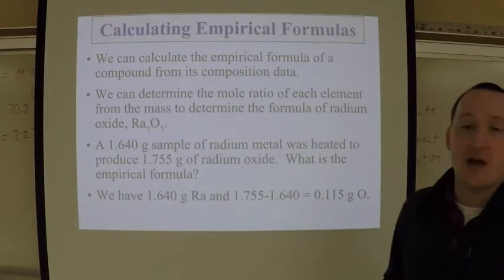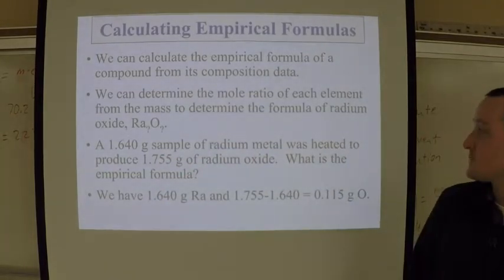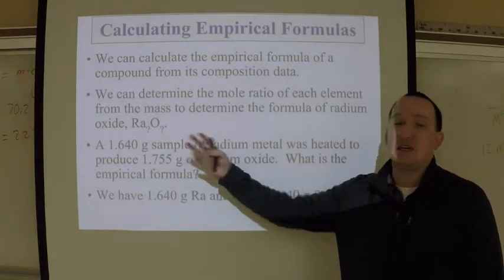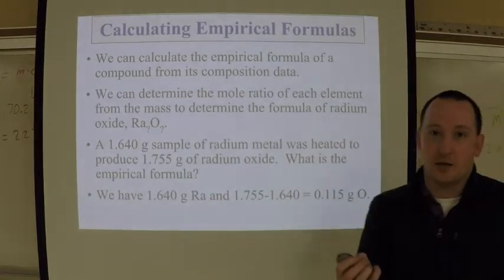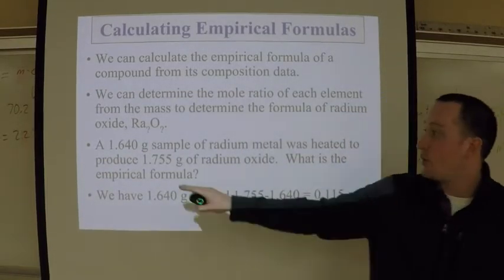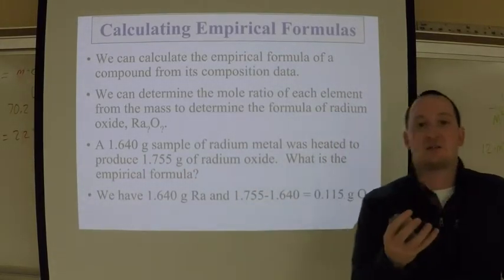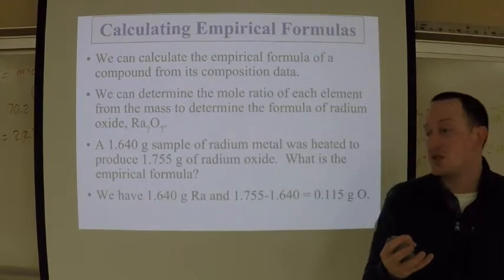Let's say we have a 1.64 gram sample of radium metal. We heat it up and it gains mass. I know that might seem weird, but it actually does that.